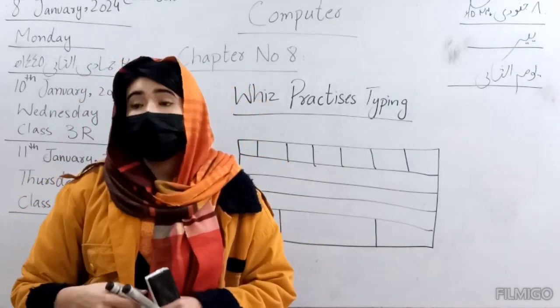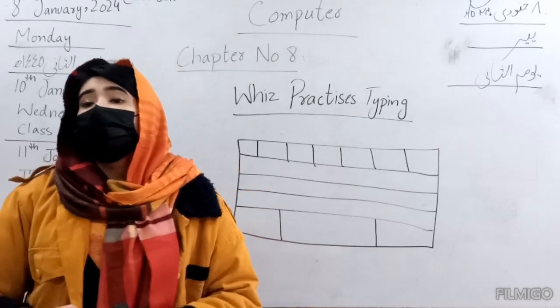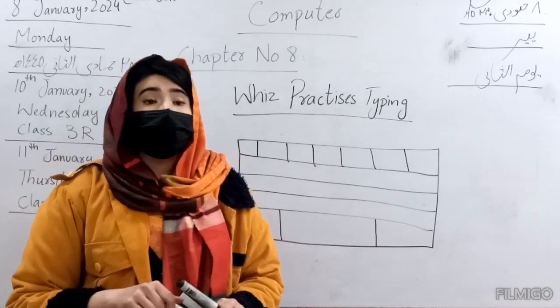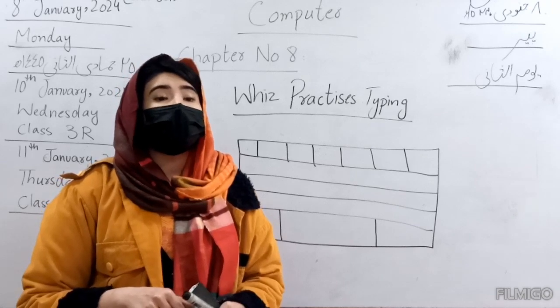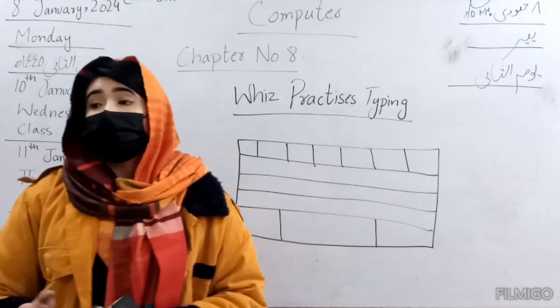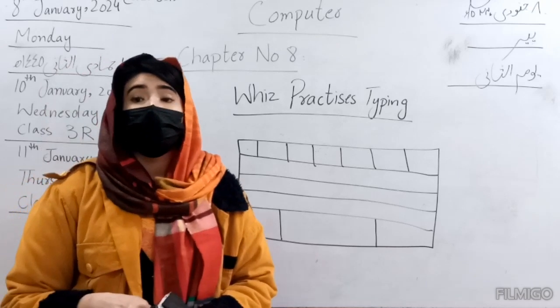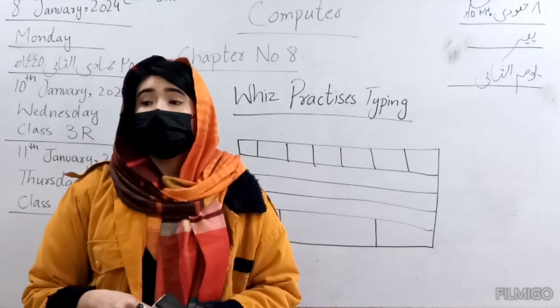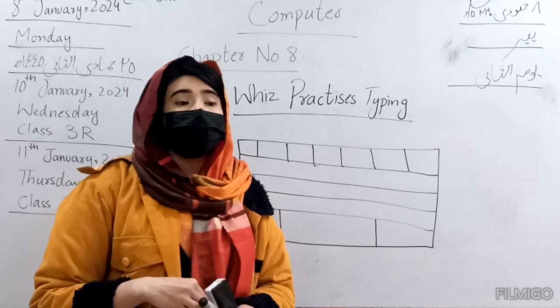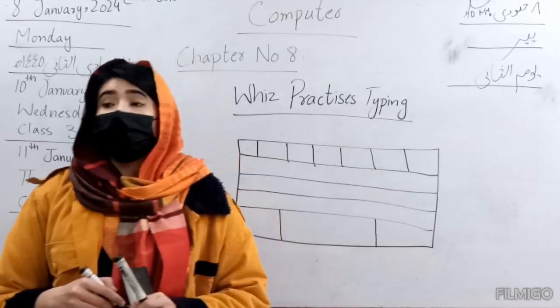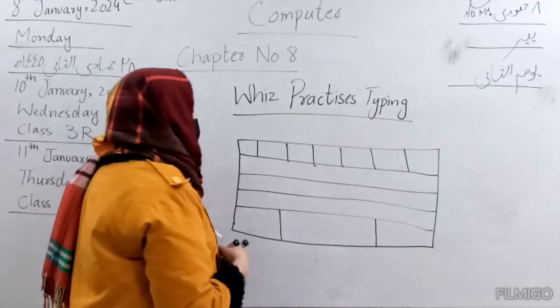Yes, there are three types of keys. So tell me the names of the types of the keys. Yes, very good. Alphabet keys and numeric keys and alphanumeric keys. Very good. Clap for you.